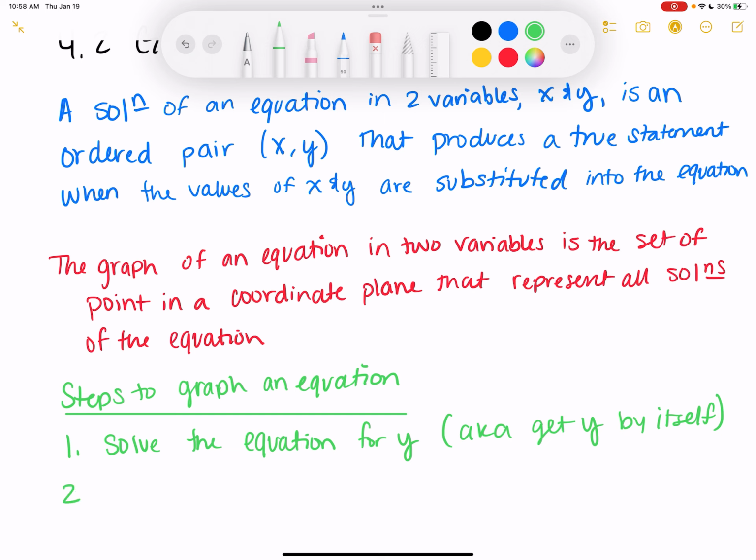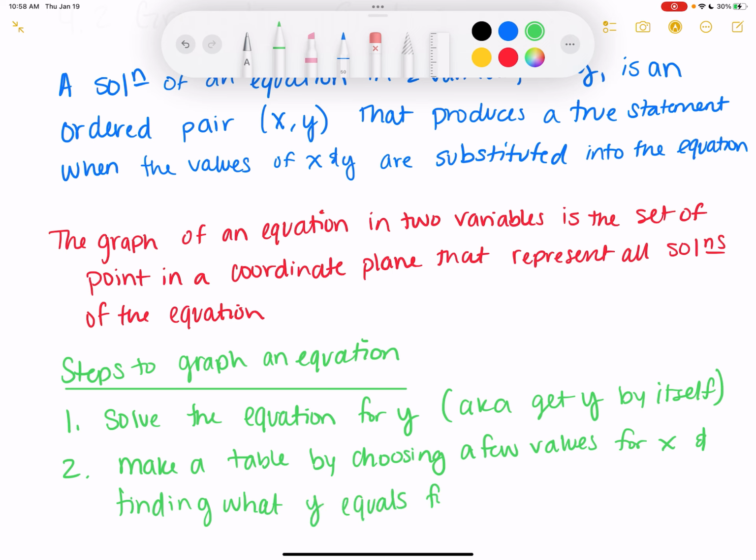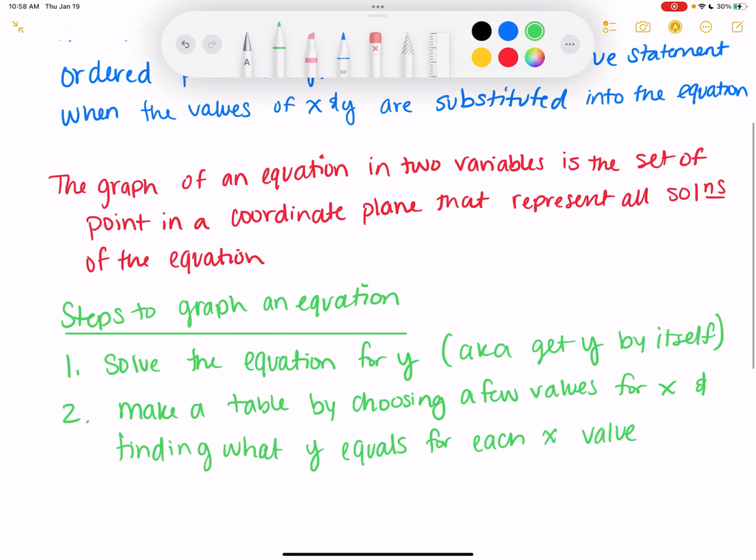Then 2, we make a table by choosing a few values for x and finding what y equals for each x value. I'm going to say that there's a minimum requirement of 3 points that get graphed.